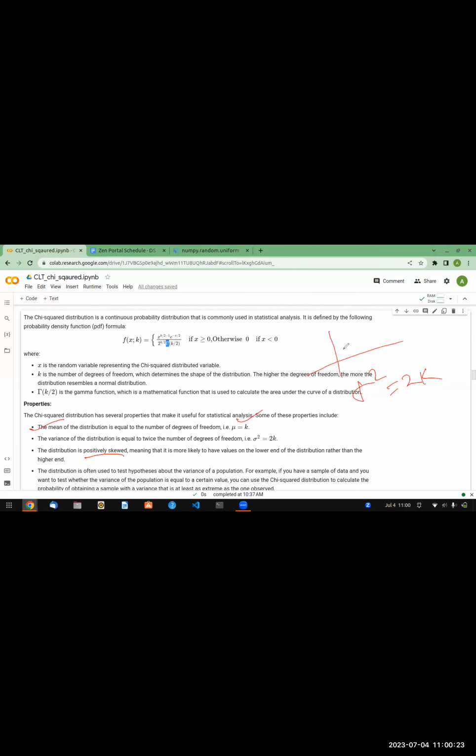When I say positively skewed, just a minute. Skewed means like this. Suppose this is my normal distribution, and I have data towards the right also. It is not finished. This kind of distribution is called a skewed distribution, and particularly this is called right skewed.